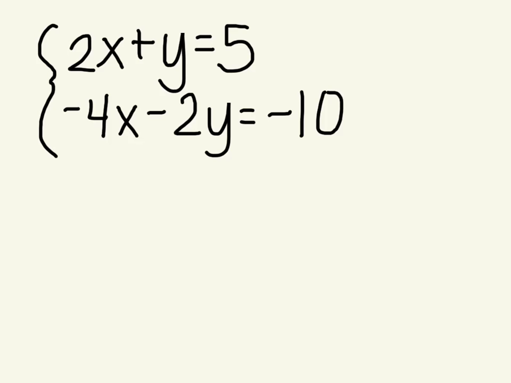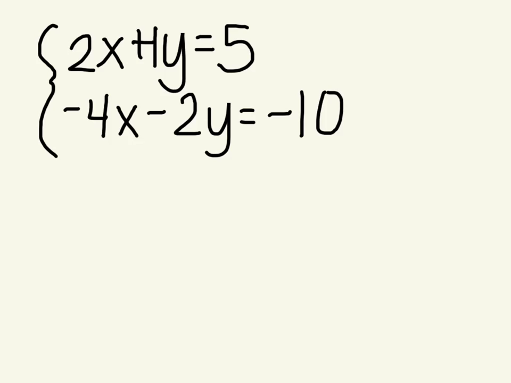And you can choose to do any variables, but I'm looking here at my y. My y is in both of my equations. In my first equation, the coefficient is 1. And in the second equation, my coefficient is negative 2. So to go from 1 to negative 2, I want opposite. So I'm looking at negative 2 and I'm thinking, okay, I can multiply this by 2 so that my coefficient of y in the first equation is positive 2.